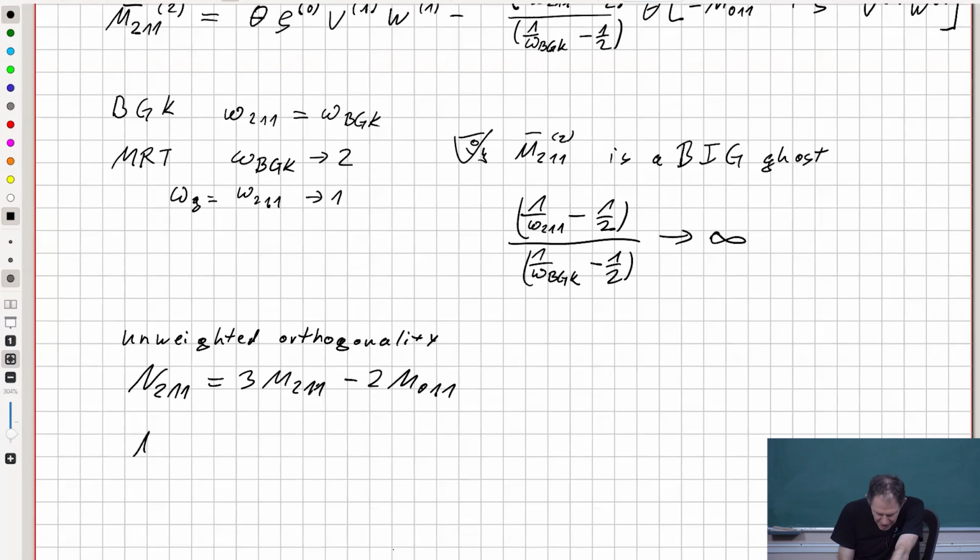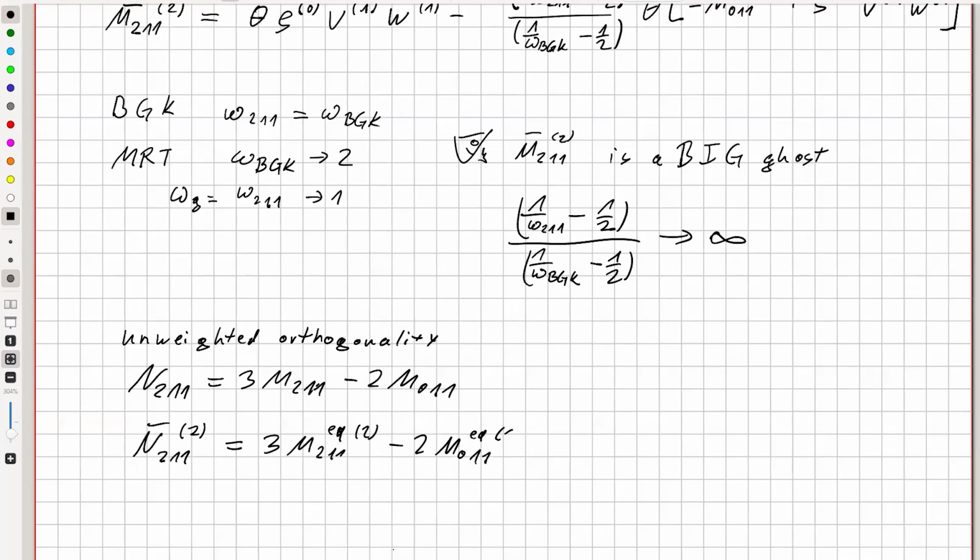So this means that N211 to second order is equal to 3M211 equilibrium to second order minus 2M011 equilibrium to second order. And now this is the thing that we relax.